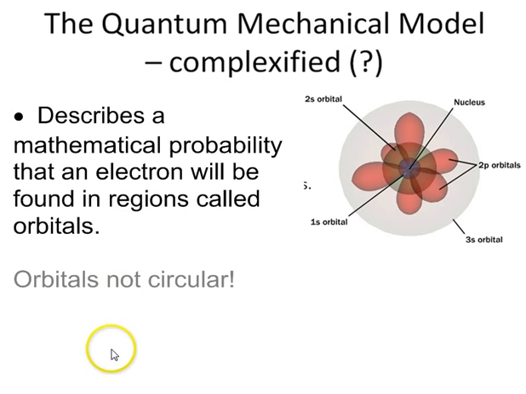The biggest difference from the Bohr model is that these orbitals are not circular. There are some orbitals that are spherical shaped, but they are not. We are getting away from this planetary idea of the atom. So this idea of, you might remember the Jimmy Neutron cartoon series that always showed the electrons whizzing around in certain paths.